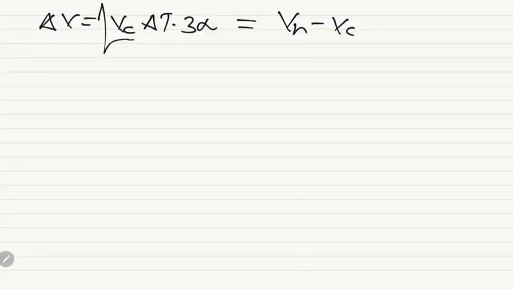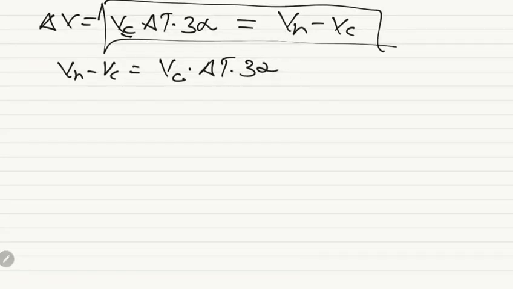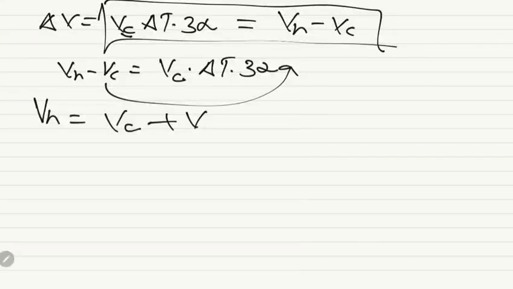Now let's equate these two. We have the volume hot minus the volume colder is equal to the volume colder times the change in temperature times 3 times the coefficient of linear expansion. Now transfer this one to the other side. So the volume at the hotter temperature is equal to the volume at the colder plus the volume at the colder times 3 times alpha times the change in temperature.